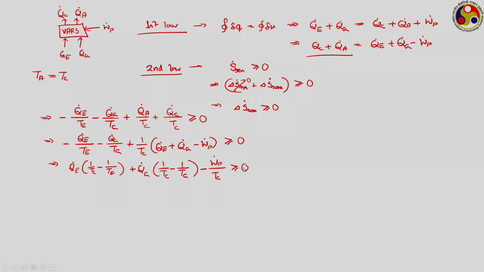Now, the pump work, the magnitude of this one generally is very small compared to all this heat interaction, the Q dot E and Q dot G particularly. So, let us remove this one from this.